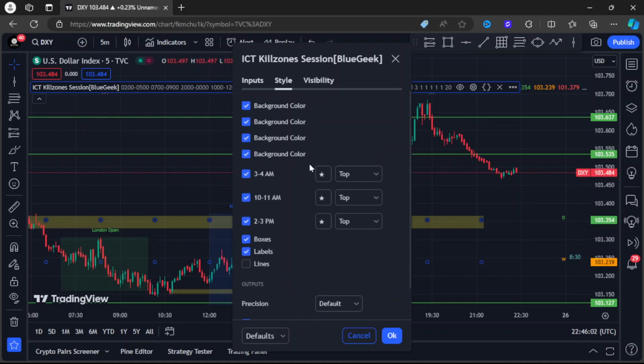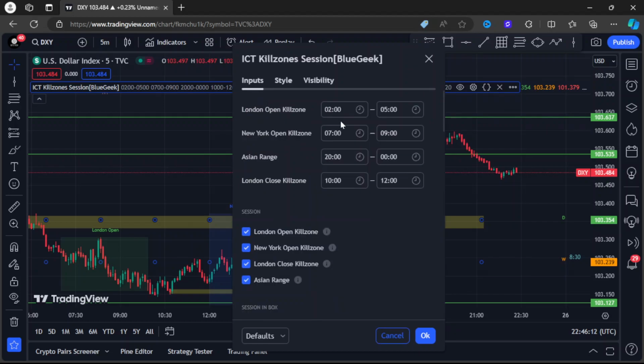You can take a screenshot or pause the video to set up your ICT Killzone session indicator with this. I have inputted everything here, so get all this right, and take a screenshot if it's not the same as yours.